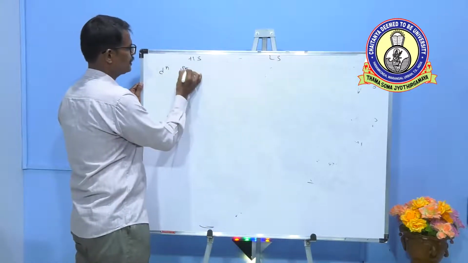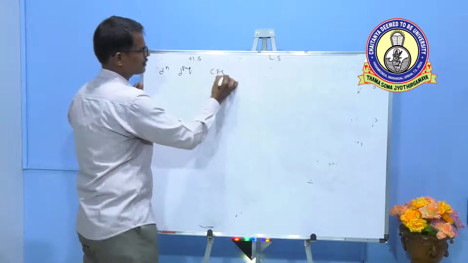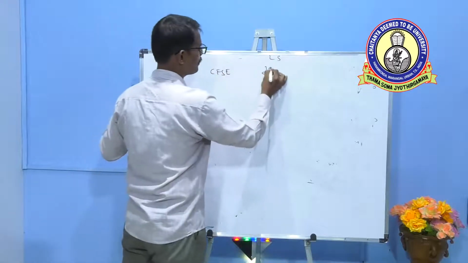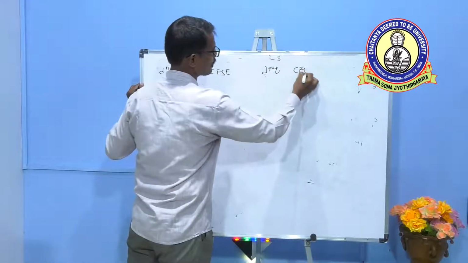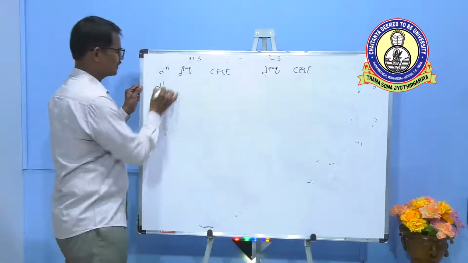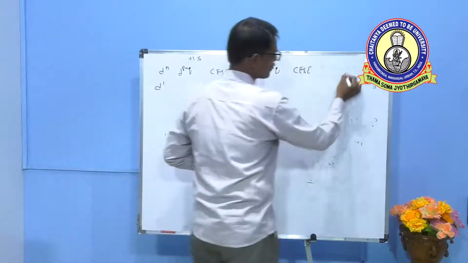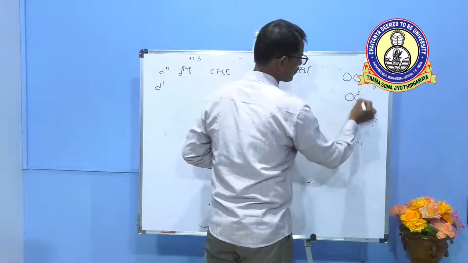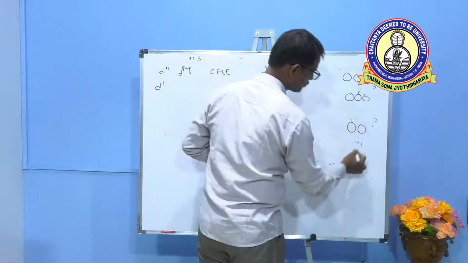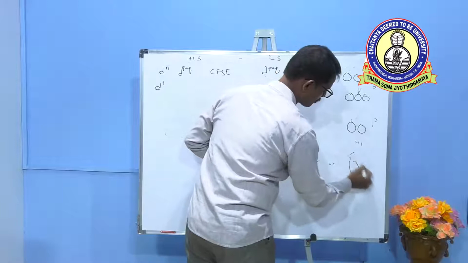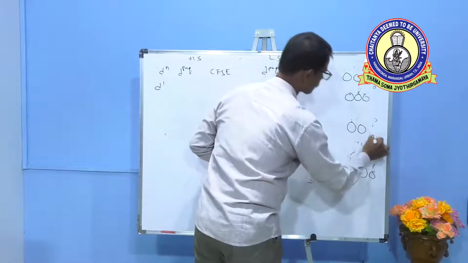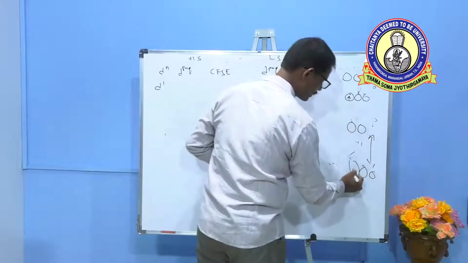The dn configuration, dp plus q, and the CFSE value. For the d1 case, just imagine this is the high spin case with small energy gap, and the low spin case with more energy gap. One electron is here, one electron here.